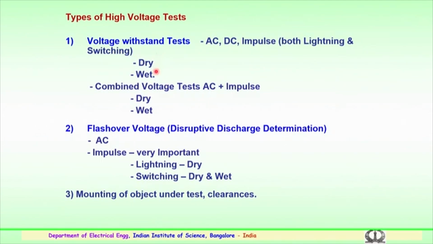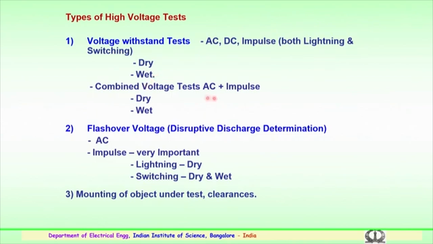For the dry conditions, the specified values for particular voltage levels are given, and the wet conditions you simulate using a nozzle set. Artificial rain nozzles are used to simulate the rain conditions, and the switching surges or lightning surges, or the AC or DC voltage, are applied, and whether they are able to withstand or the flashover of these are studied.